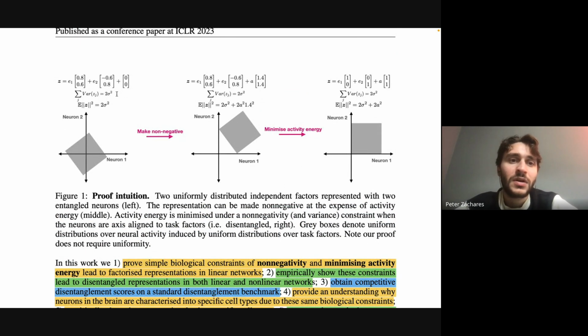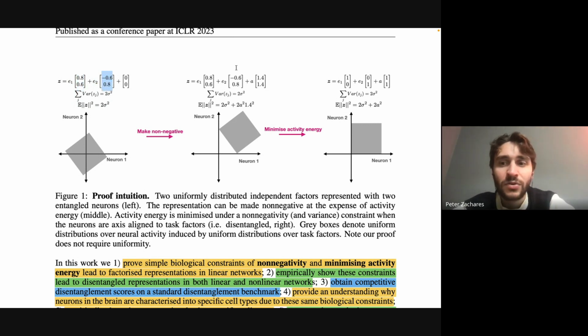But anyway, with that assumption, if you look at the equation above, this is the equation for some task. So E1 is one task variable. E2 is some other task variable. And then your neurons are actually these two vectors.